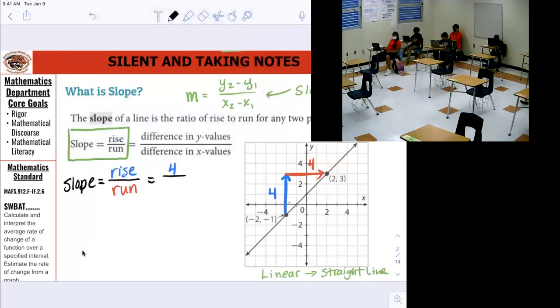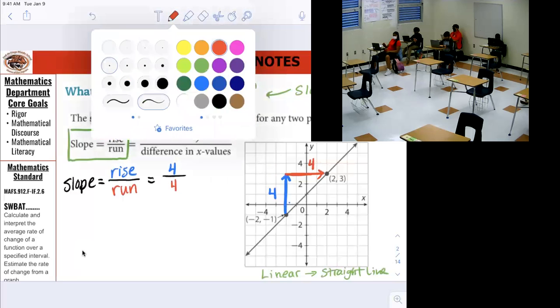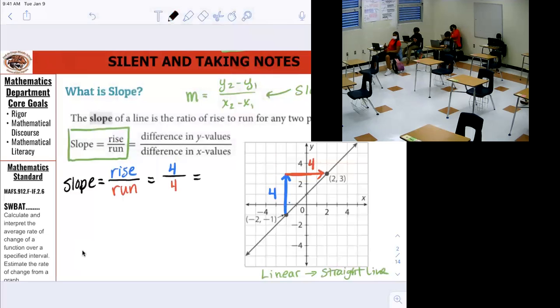And now I have this ratio, this fraction, which in this case I can divide easily. What's 4 divided by 4? 1. So my slope is 1. So this is another way to find the constant rate of change. Exactly.